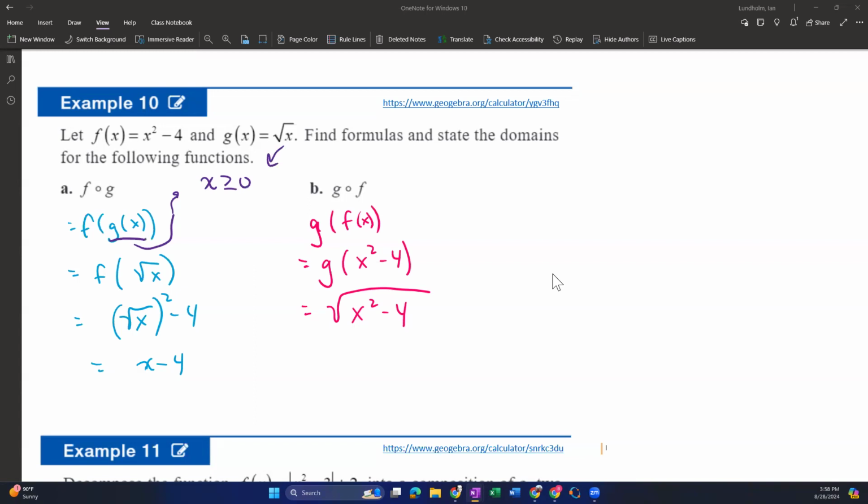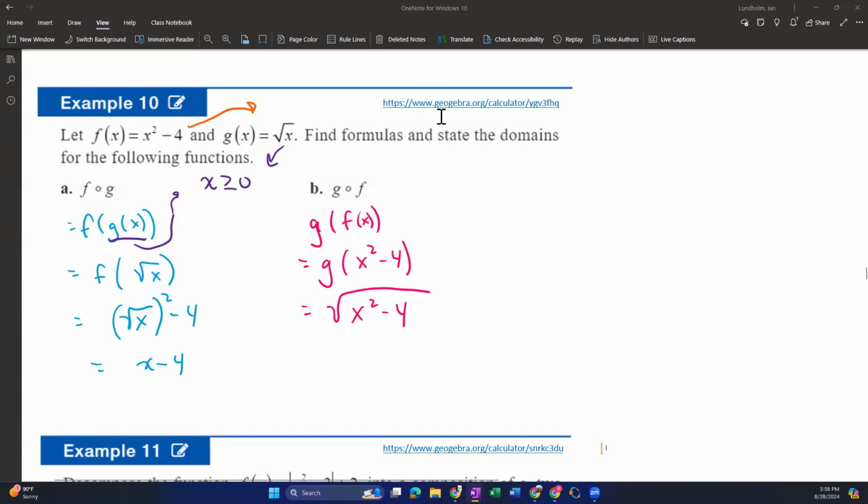For f of x, the implied domain could be anything. That's a polynomial. No big deal there.